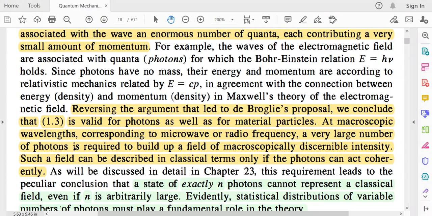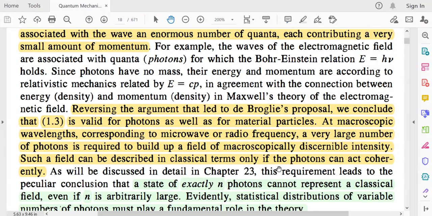At macroscopic wavelengths, corresponding to microwave or radio frequency, a very large number of photons is required to build up a field of macroscopically discernible intensity. Such a field can be described in classical terms only if the photons can act coherently.